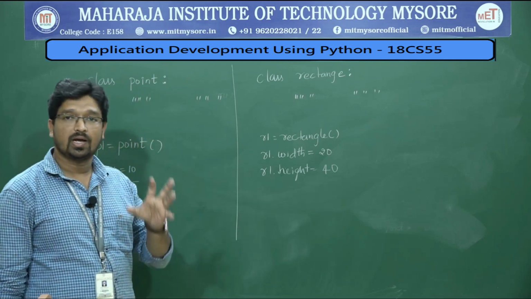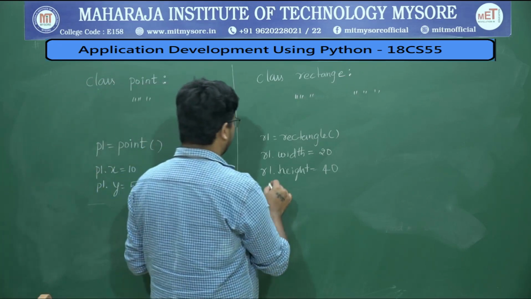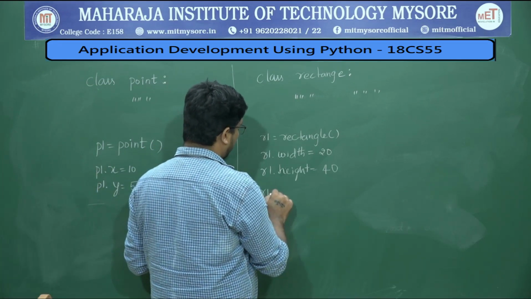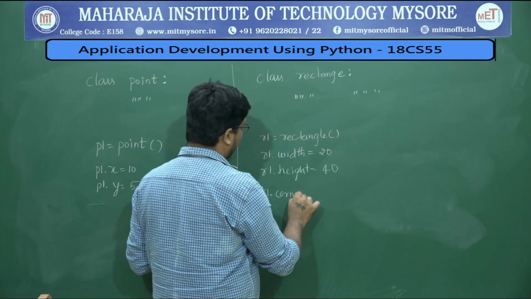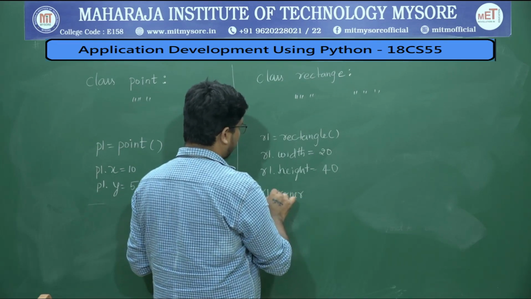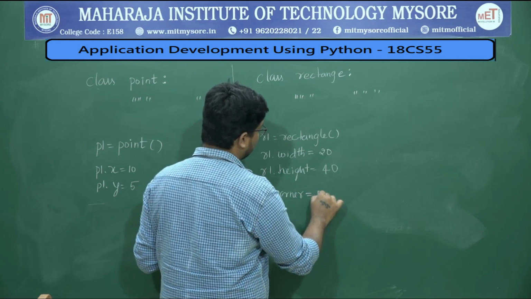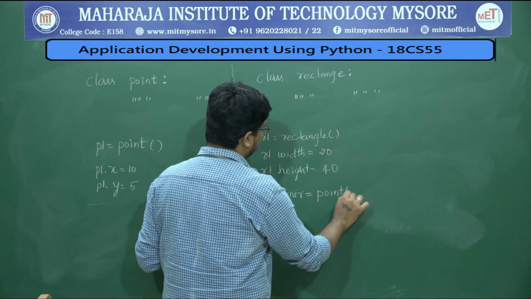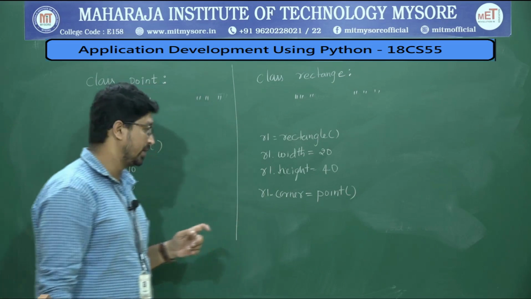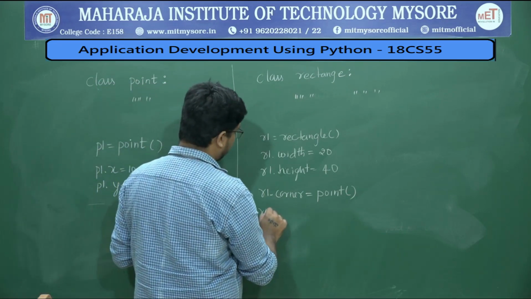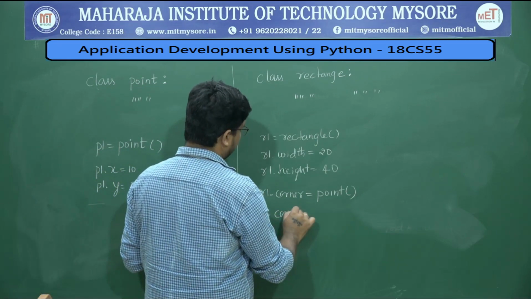And we need also a corner point. For that we are writing R1 dot corner is equal to, it's a point object. Then you can tell what is the x value.